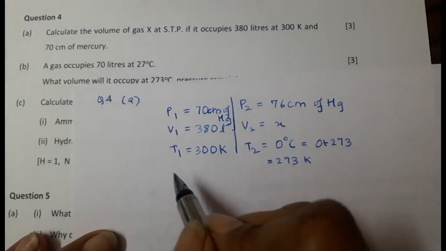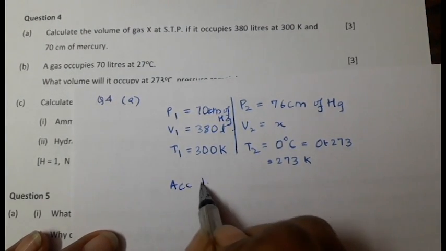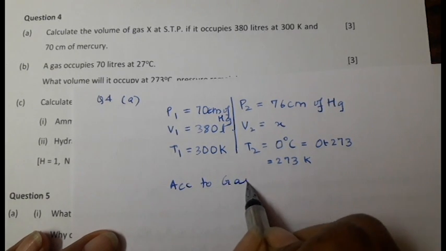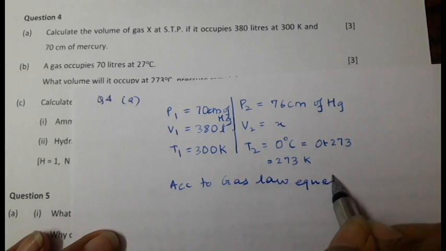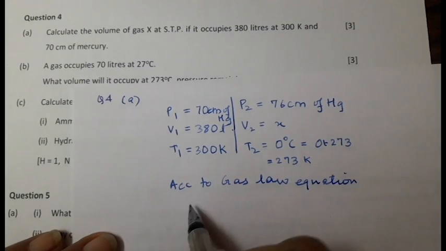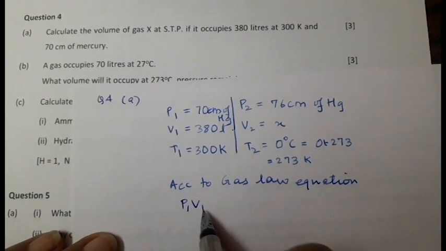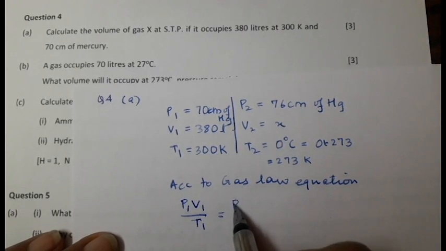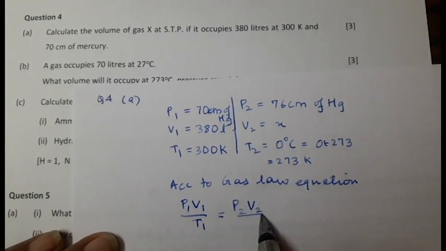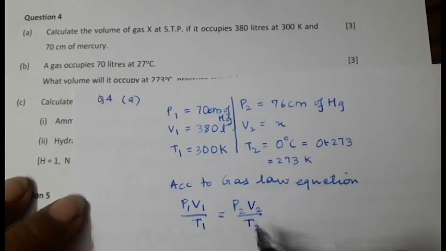Now, according to gas law equation, we will have P1 V1 upon T1 equal to P2 V2 upon T2.